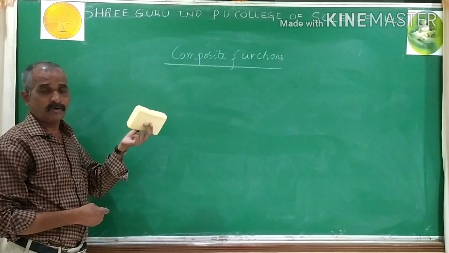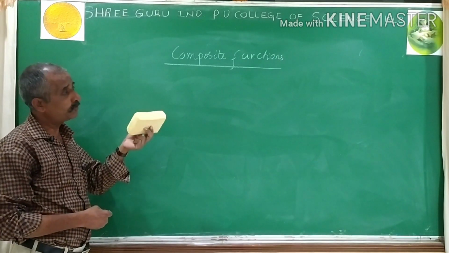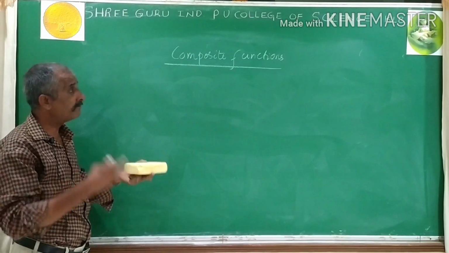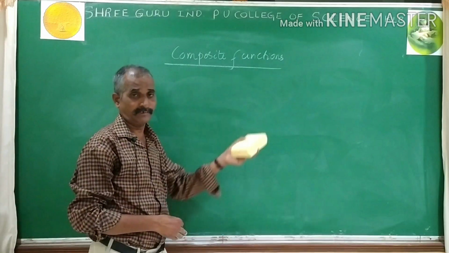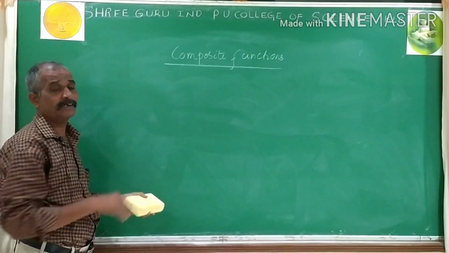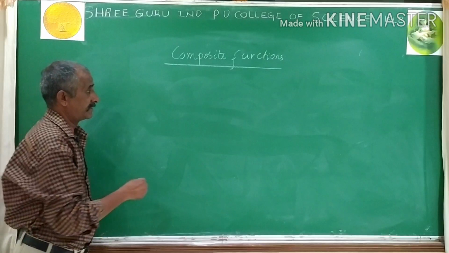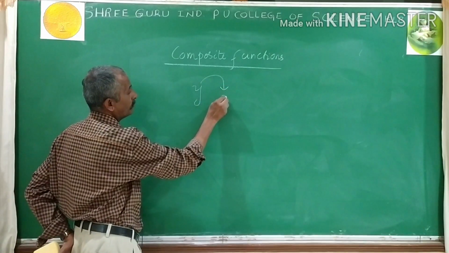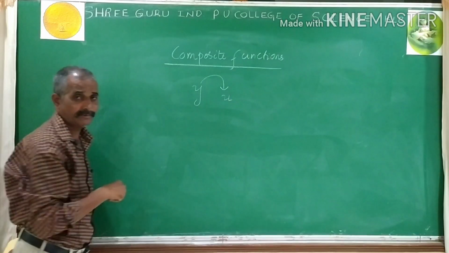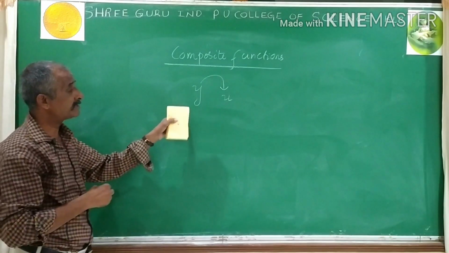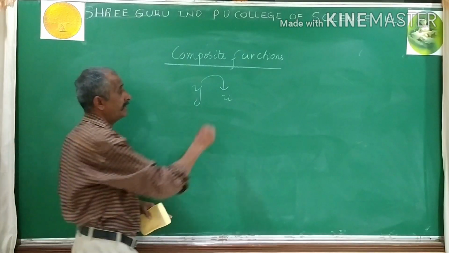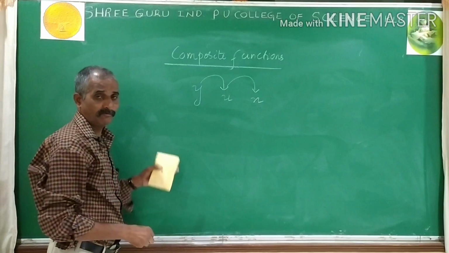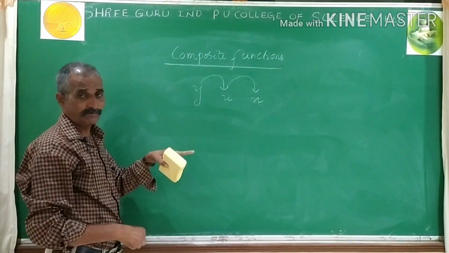So obviously here we are going to mix 2 or more than 2 functions together, giving the name composite functions. So let's define it in a mathematical manner. See here, if y depends on u, what we say in mathematics, especially in calculus, y is a function of u, and u depends on x, means u is a function of x.